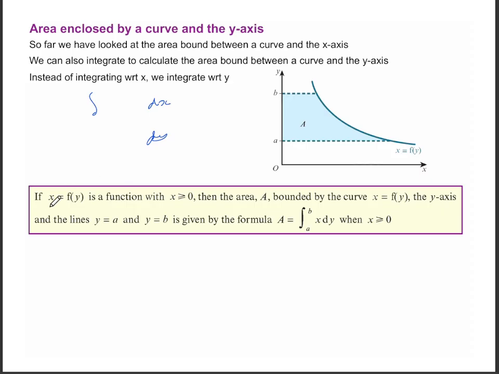If x is equal to f of y is a function with x greater than or equal to 0, then the area bounded by the curve x equals f of y, the y-axis and the lines y equals a and y equals b is given by the formula: A equals the integral of x with respect to y from the limits a to b when x is greater than or equal to 0. So everything remains the same, just that now instead of using x values, you're using y values.